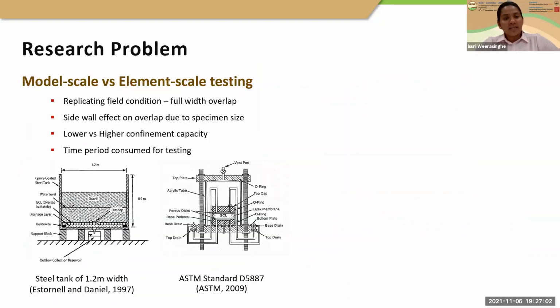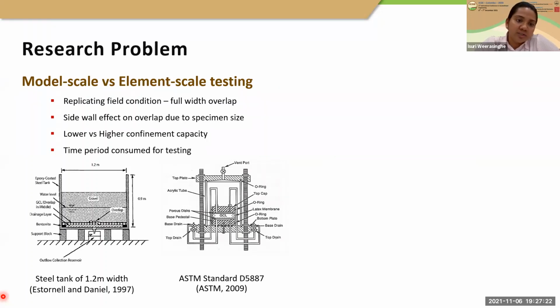A number of model scale and element scale testing have been developed by a number of researchers during the past few decades to measure the liquid flow passing through these GCL overlaps. Initially, Esternal and Daniel in 1997 developed this steel tank where they could actually replicate a full-length overlap seam inside the box.